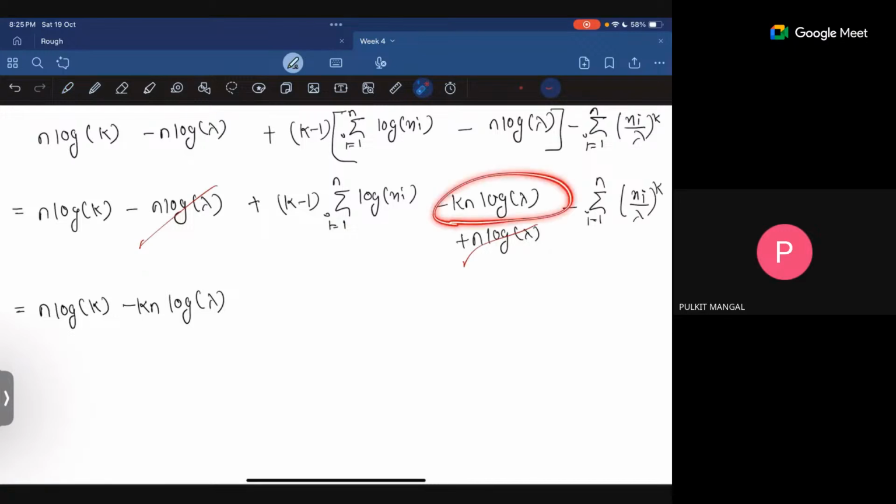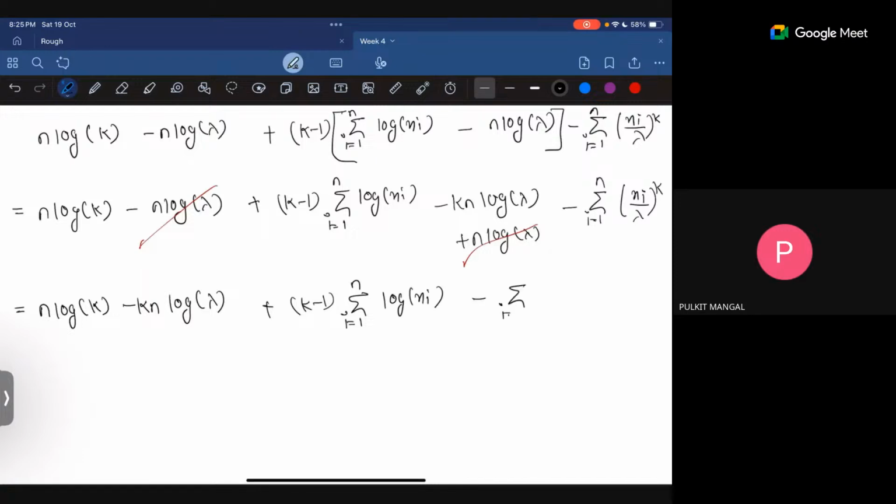I put this term here because I'm taking summation at the end: k minus 1, summation from i equal to 1 to n, log of xi, again summation from i equal to 1 to n, xi by lambda power k.